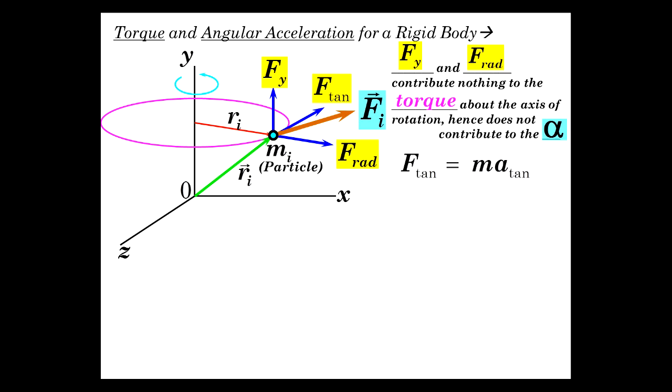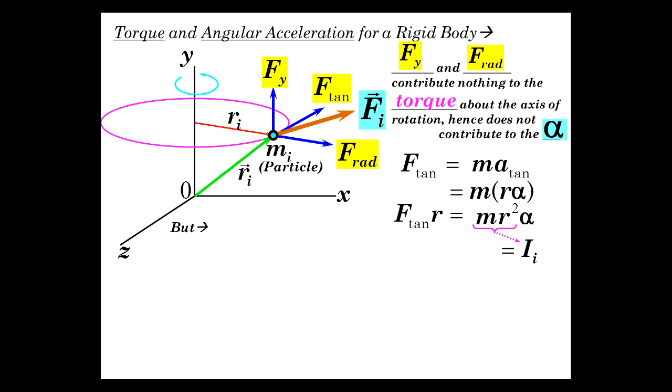But F tangential is m a tangential. All right, and tangential acceleration, as we learned, is r alpha. So that shouldn't be a surprise. Let's multiply both sides by r. We get F tangential r is m r squared alpha. What's m r squared? For a point mass, we already learned that m r squared is the moment of inertia.